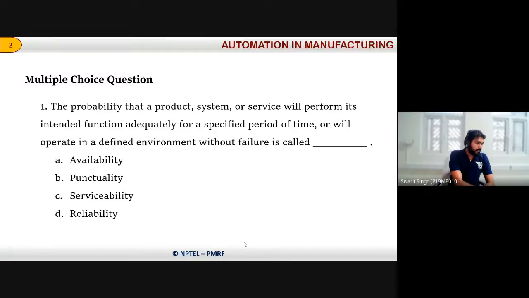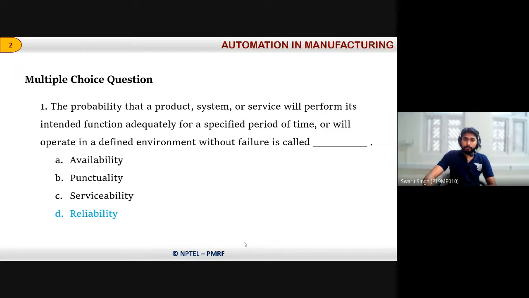Okay, Rajesh is saying reliability, and then I'm seeing D from Sudeep and Chaitanya. Yes, the answer is definitely D. It's a simple definition. Reliability is the probability that any product, system, or service will perform for a specified period of time, or in a defined environment, without failure.